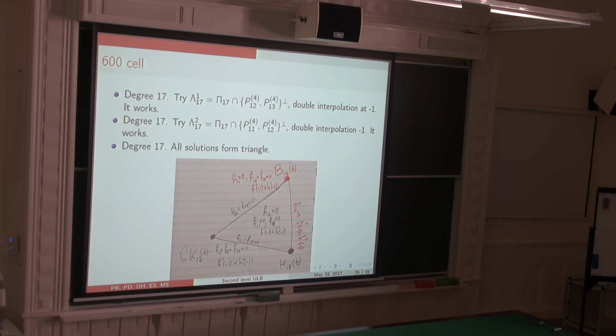Actually, we proved that all of the optimal polynomials of degree 17 belong to this triangle. So how are the other 2 points of the triangle determined? If we have the 12th and the 13th coefficients 0, and the 11th, we want interpolation at -1. That is this polynomial.